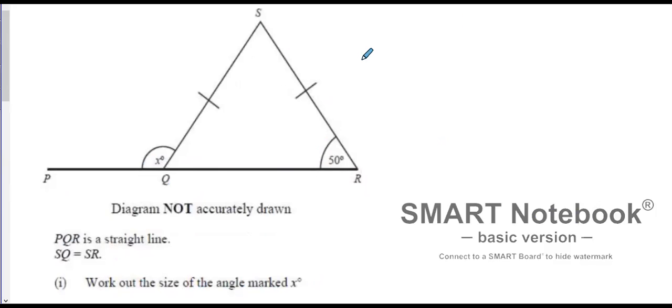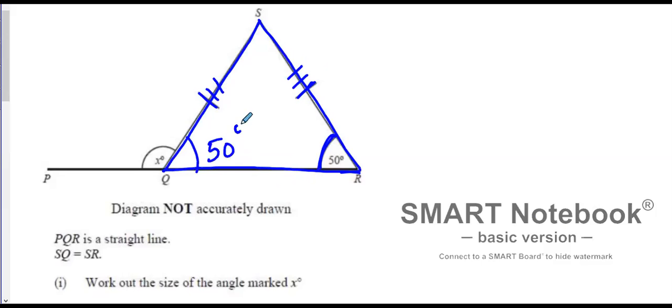All right, so how do we do this? It's very simple. Remember what I said? In a triangle, when you see these symbols, which can be double or even triple symbols, it indicates that this angle and this angle are equal. So if this angle is 50, even that angle will be 50 degrees.